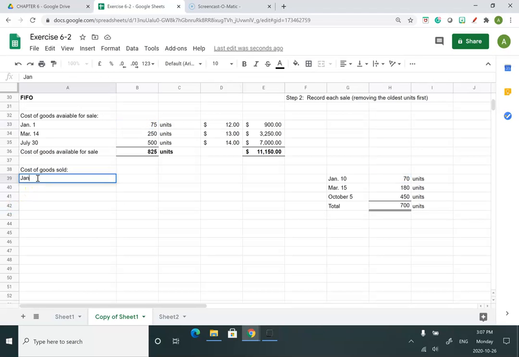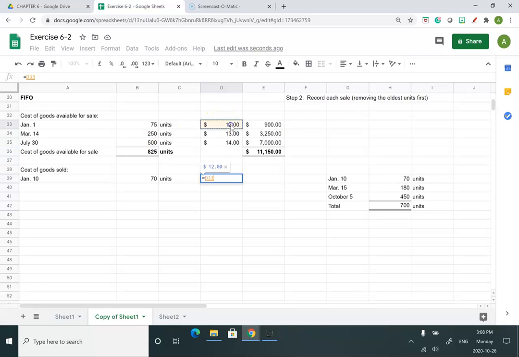So January 10th, I sold 70 units, and they cost me $12.